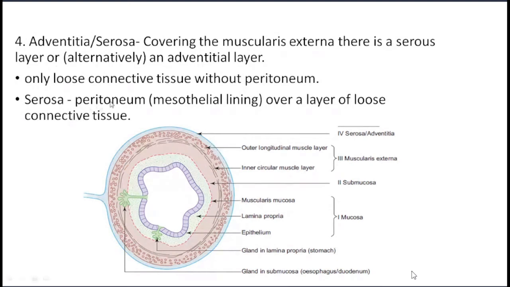If it is covered with peritoneum over the loose areolar tissue, then it is called the serosa. If only loose connective tissue, it is called the adventitia. Now you have understood: mucosa, submucosa, externa and the serosa or adventitia. These are the four basic layers.